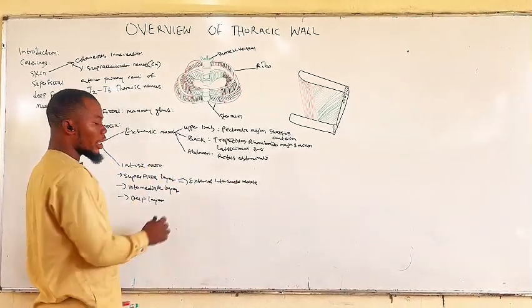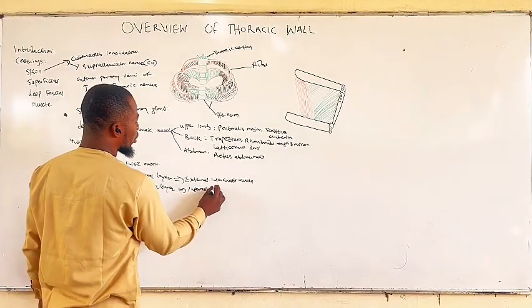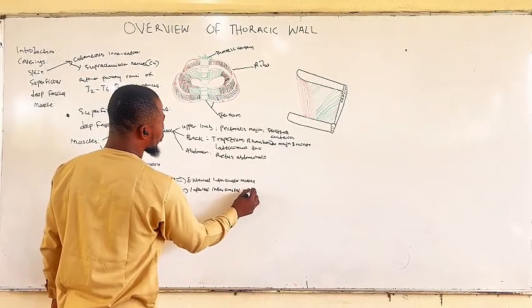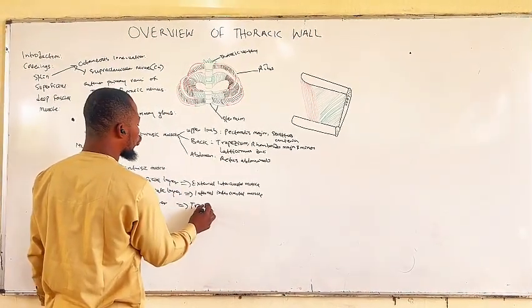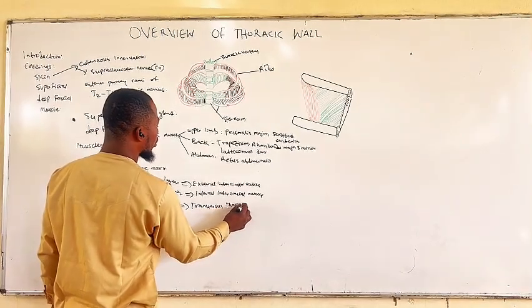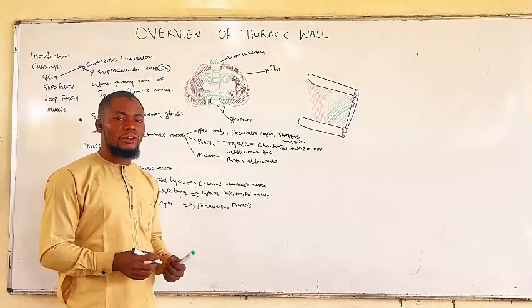The intermediate layer is called internal intercostal muscle, whereas the deep layer is called transversus thoracis. Now, these are the intrinsic muscles of the thoracic wall.